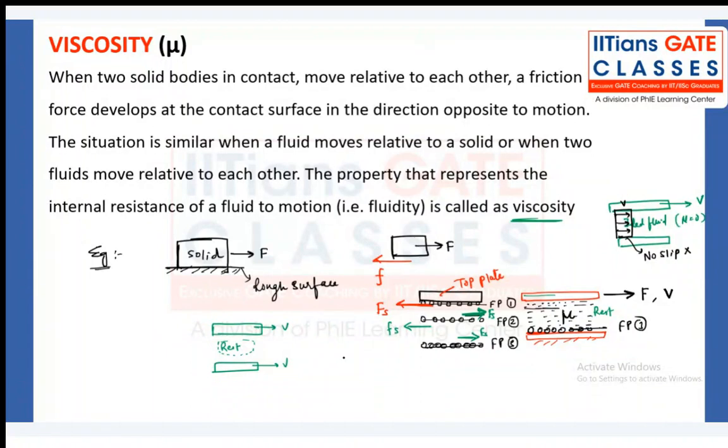In reality, it does not exist. Ideal flow may be possible, but ideal fluid is not possible. All fluids have at least some viscosity, whether minimum or maximum, but they have a certain amount of viscosity.